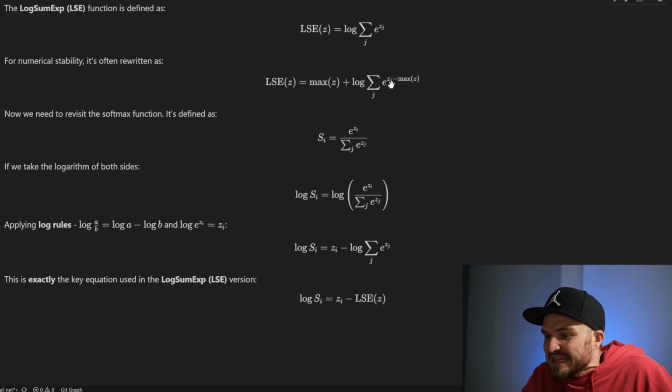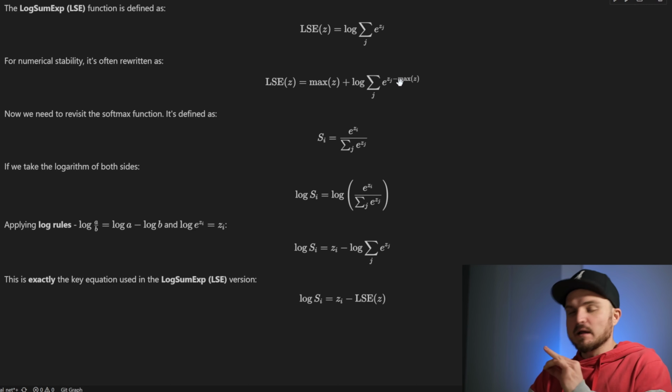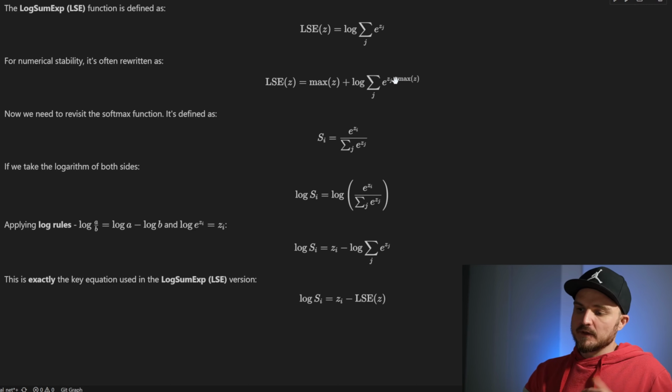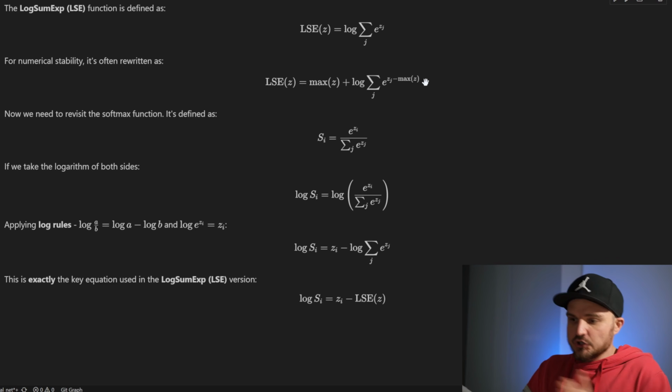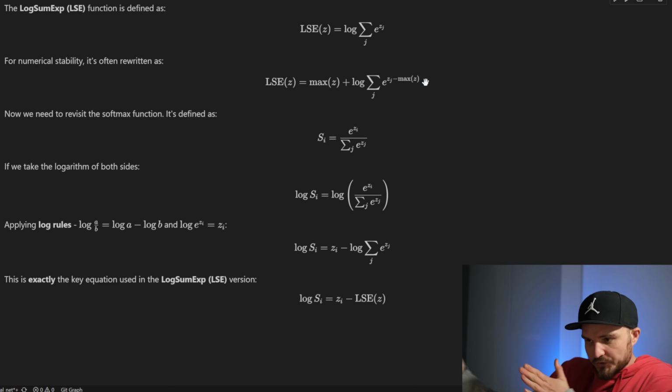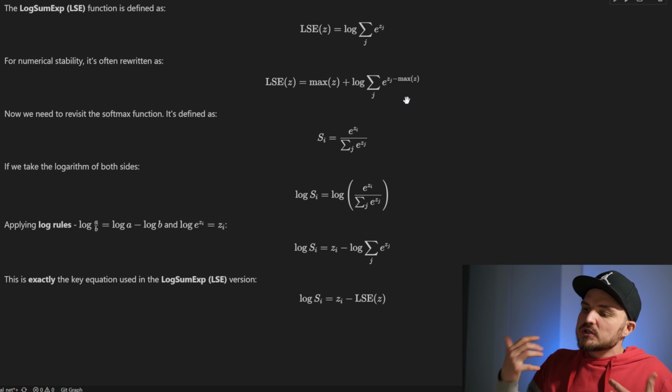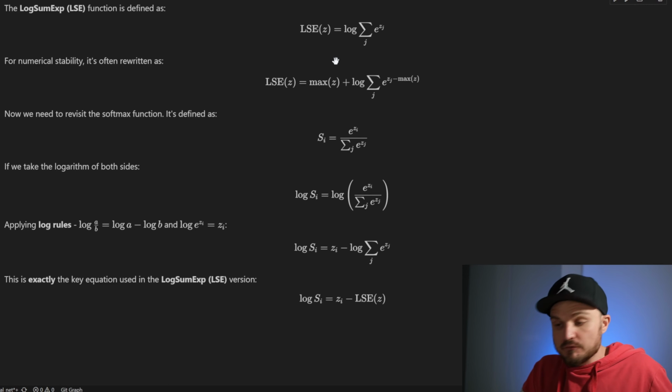We have zj minus the maximum value from this vector z, to shift all the terms inside the vector towards 0, because if we compute the exponent of the pure z term, it can be a very large result. If we subtract the maximum value, shift all the items in the vector z towards 0 and compute the exponent, it adds some numerical stability to the result.